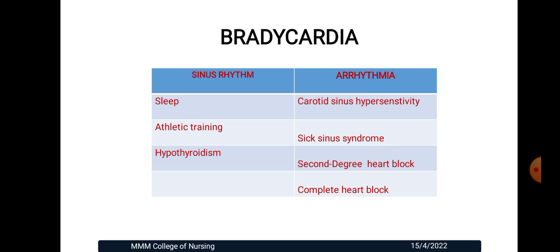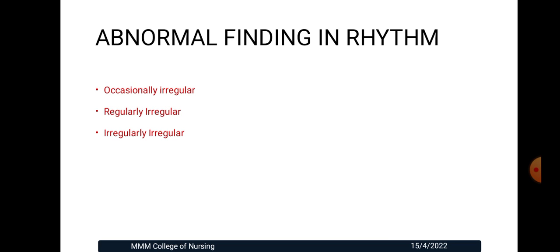Coming to bradycardia, there are sinus rhythm and arrhythmias. Sinus bradycardia is based on sleep, athletic training and hypothyroidism. Coming to the arrhythmias: carotid sinus hypersensitivity, sick sinus syndrome, second degree heart block and complete heart block.